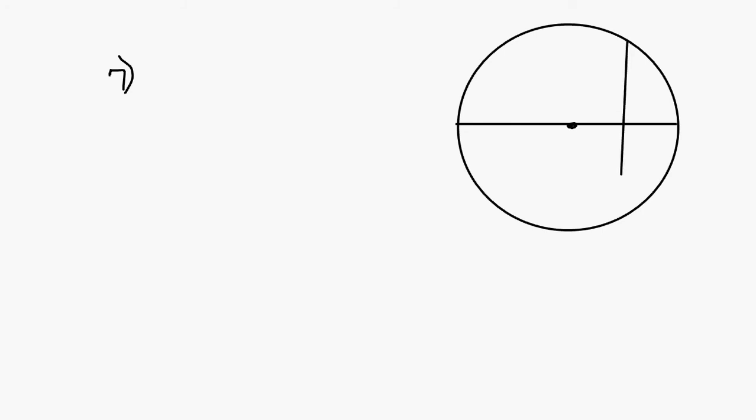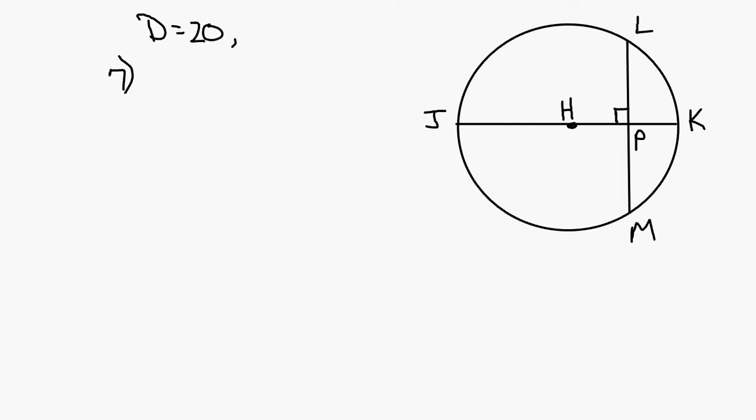The diameter and the chord are perpendicular, so all your same rules apply. All right, and let's see. Diameter is 20. Okay, so the diameter of this circle equals 20. LM is 14. Arc LM is 84. Arc LM equals 84.